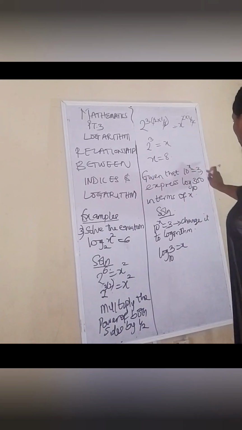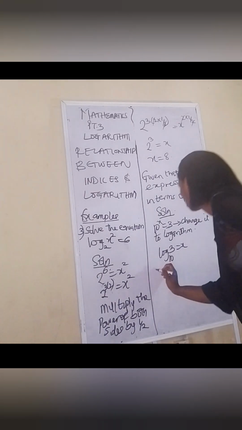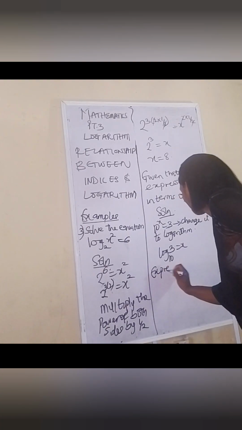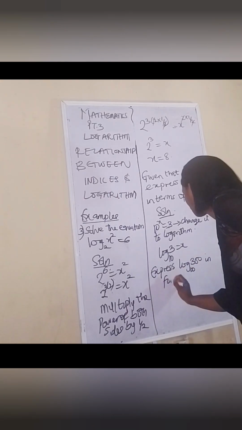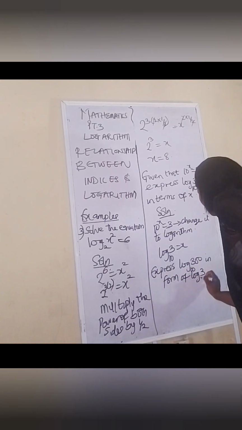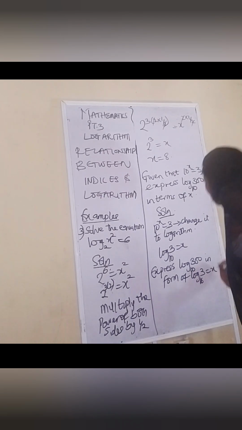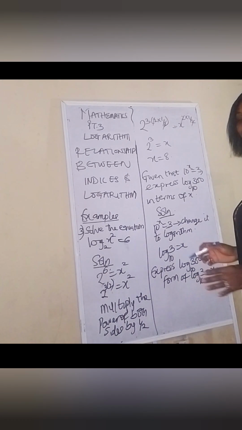So now let's express log 300 base 10 in form of this. So express log 300 base 10 in form of log 3. Have you seen that now? So now let's do that. So what can give us 300? 3 and 100. You get it now?